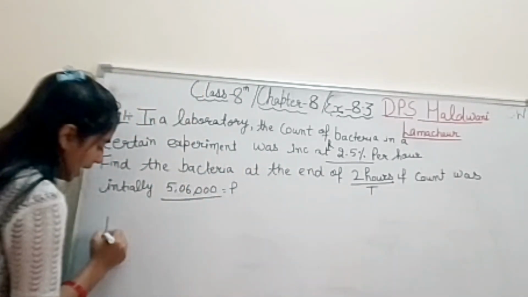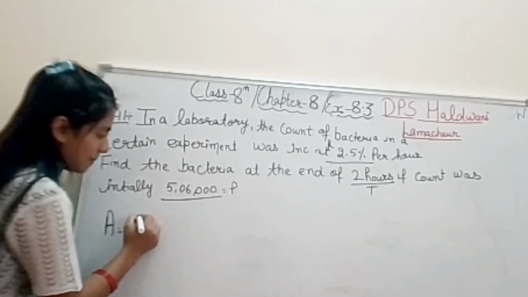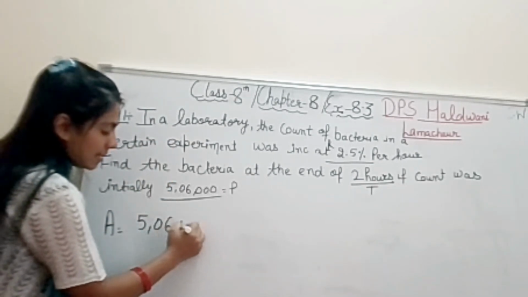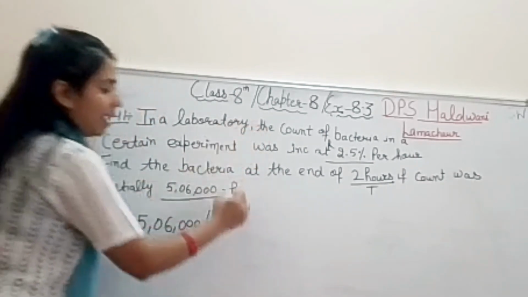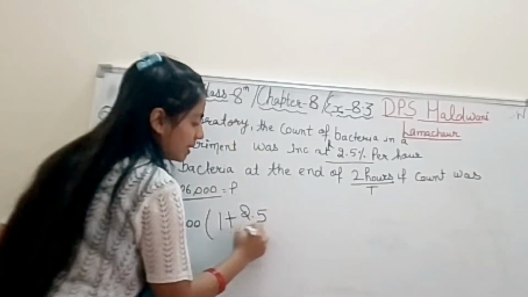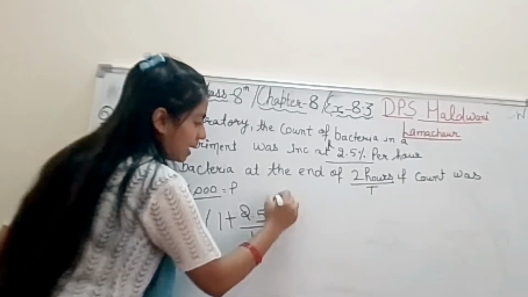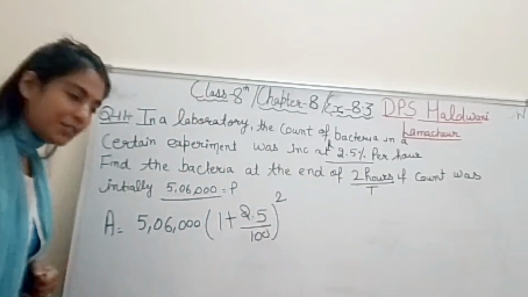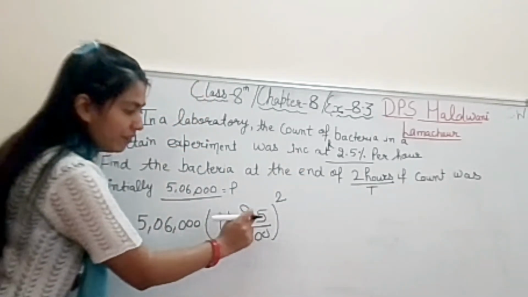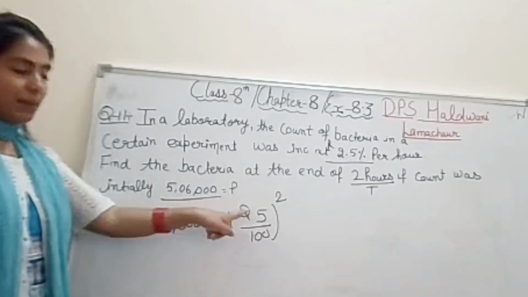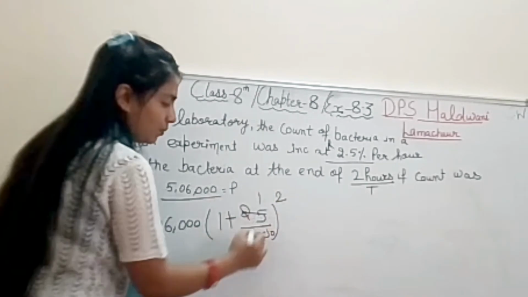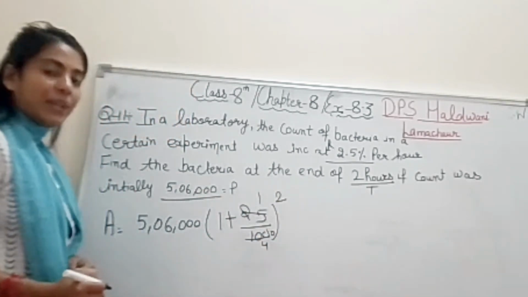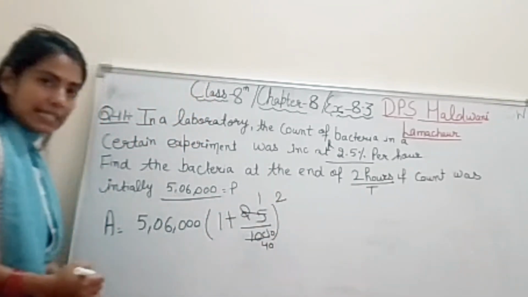So easily, amount is equal to principal. See, directly I am doing principal (1 + 2.5/100)^2, time is 2. Right, student? Now see, 2.5, if I remove the decimal, 1 zero will come down, right? So 25 ones are 25, 25 fours are 100, and 1 zero as it is, right?